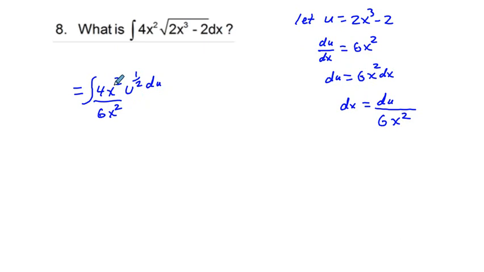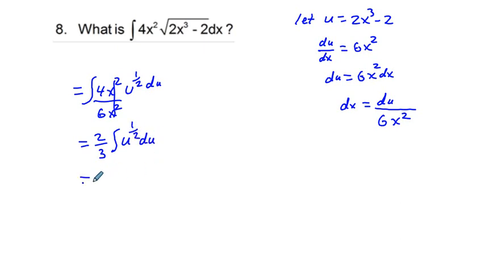How convenient. We've canceled out the x squared over x squared. So now what we have left is 2/3, and that's simplification of 4 over 6. We're going to have u to the 1/2 power du.